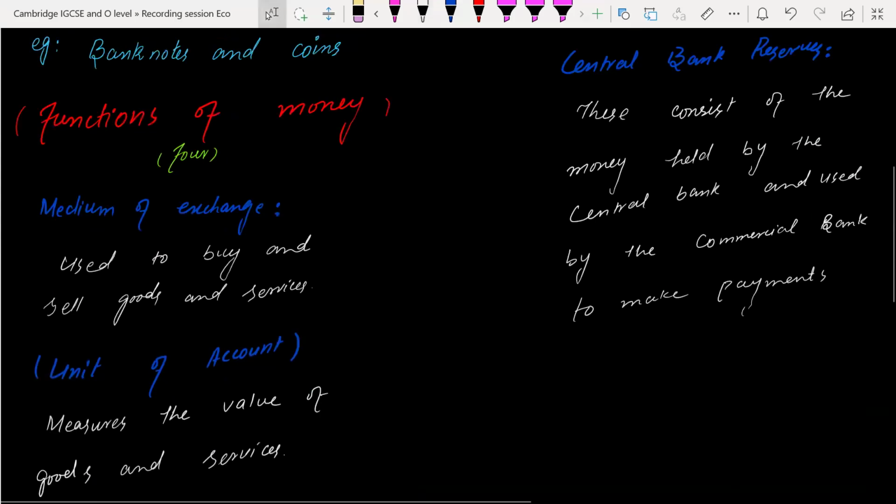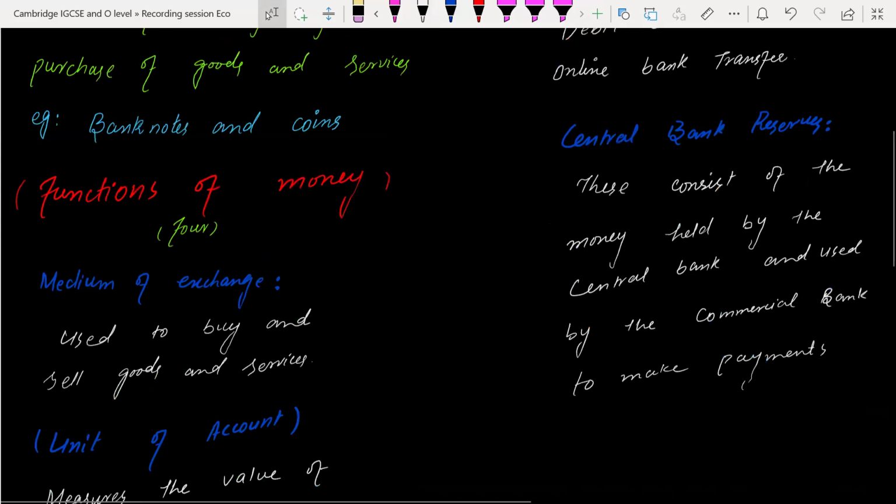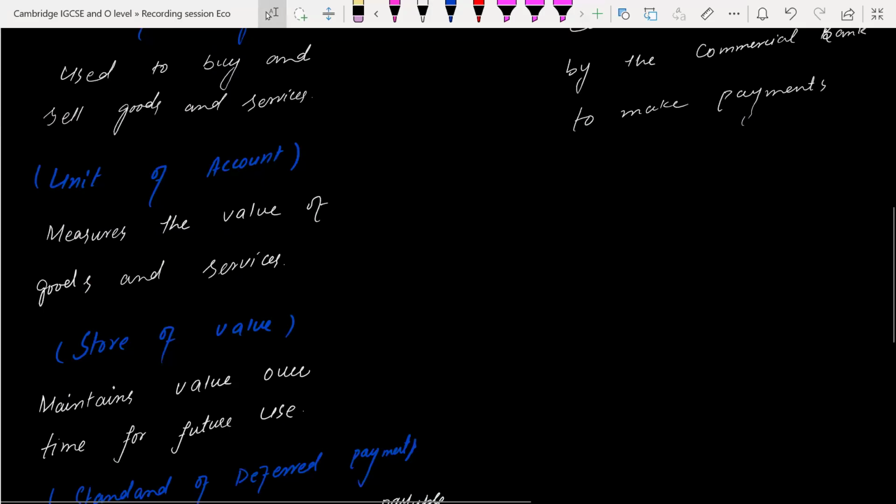These are the functions of money. So we have discussed forms, functions, and right now we have to discuss some characters of money.